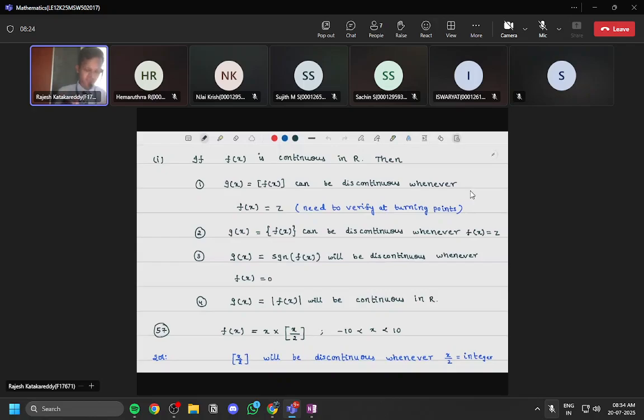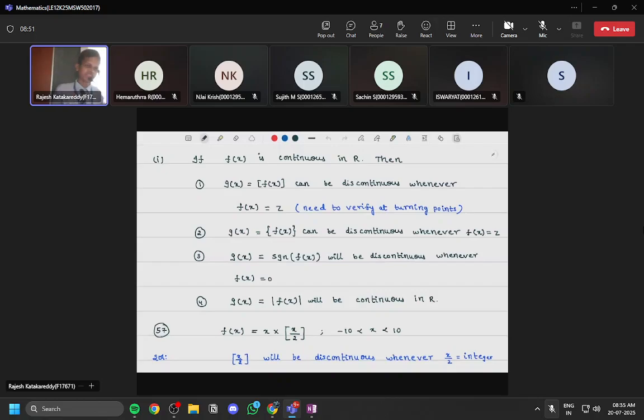Can you make that small change for greatest integer of f of x and for fractional part of f of x? These two can be discontinuous. In the bracket I wrote need to verify at turning point. What actually is this turning point? You would have known about the increasing and decreasing nature of a function.